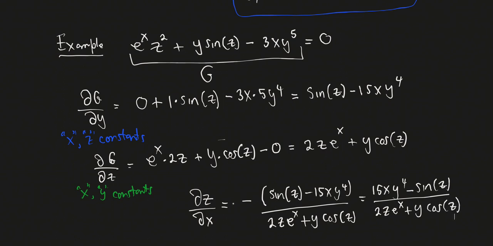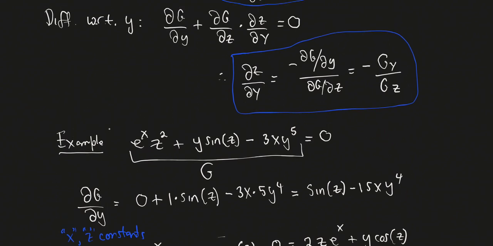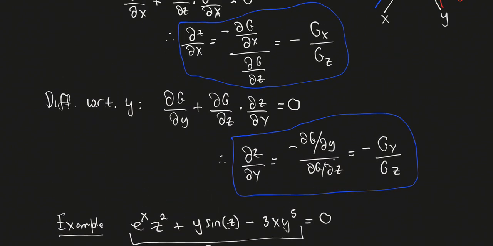All right? So, and if we wanted to do the partial derivative of z with respect to y, then what would happen is this would get flipped, right? So we would end up using this formula. Notice the denominator is the same. It's just a matter of if you're finding the partial derivative with respect to x, then you have to do your g sub x there.